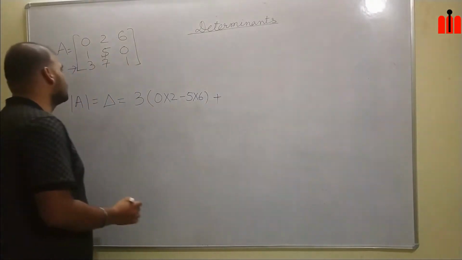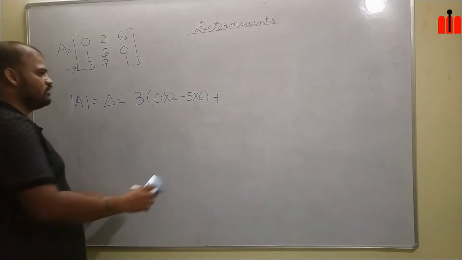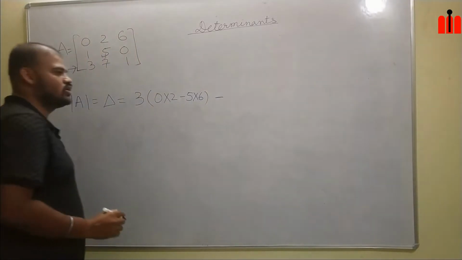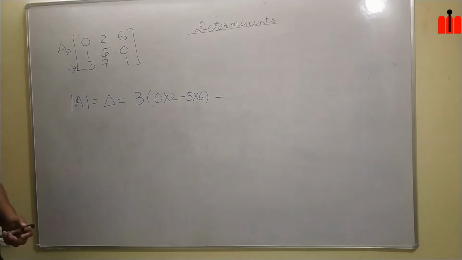Plus, next it is 3, 2. For 3, 2, minus 1 to the power of 3 plus 2. 3 plus 2 is 5, which is odd, so there will be a negative cofactor. The negative sign is applied to the minor to find the cofactor, right?